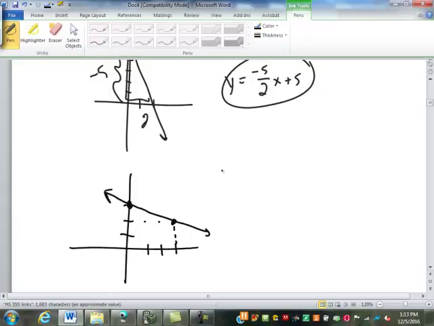How about that one? Starts out at positive 3, so plus 3 over here. And slope?